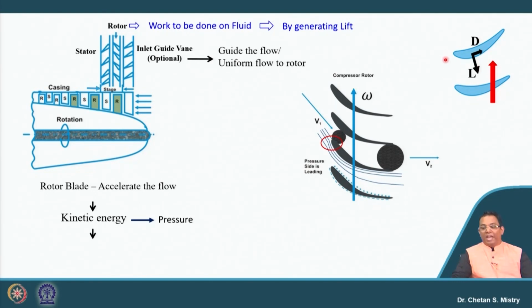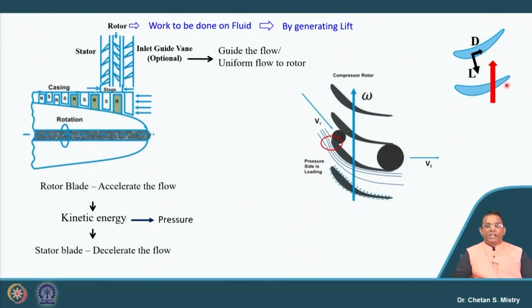At the entry I have pressure, say P01, and at the exit I will have pressure P02, and that P02 is higher. So, we can say my compressor is working under adverse pressure gradient, because my entry pressure is lower and my exit pressure is higher.